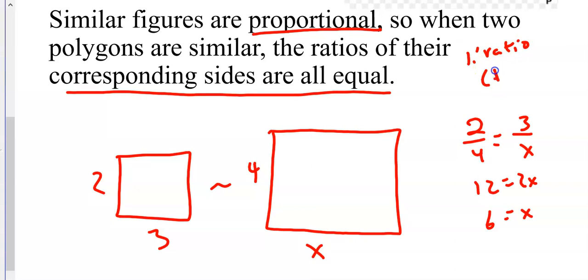So in other words, it's a dilation. Okay, and that's where our transformations come into play, because we're talking about a dilation. A dilation will change the size of the original figure.